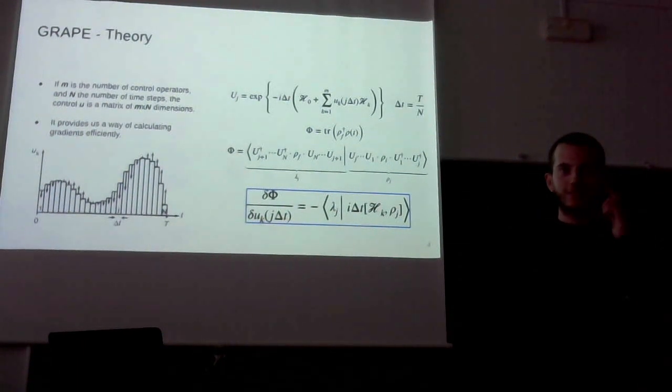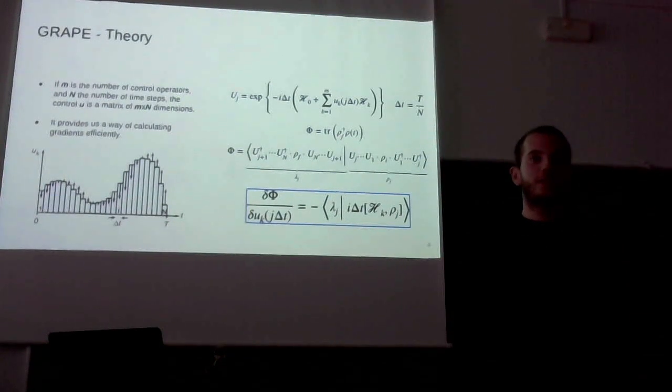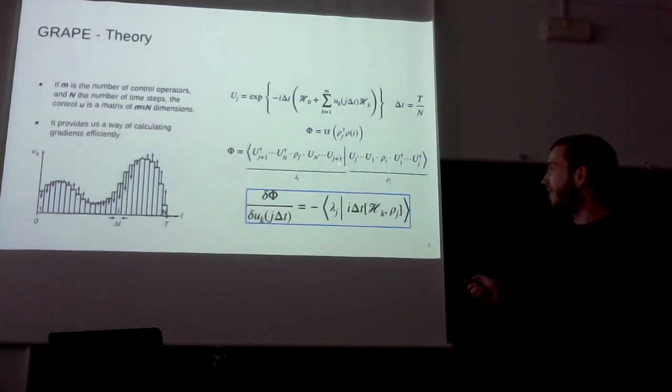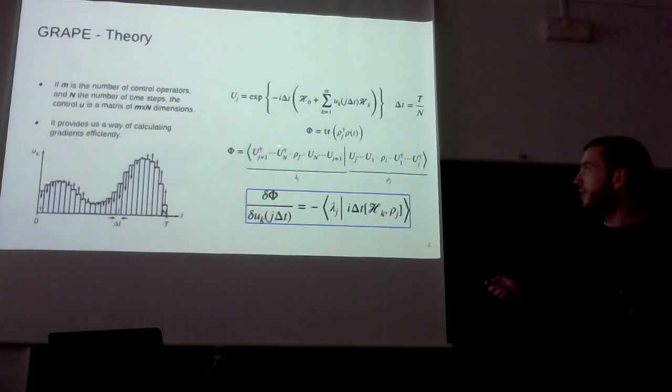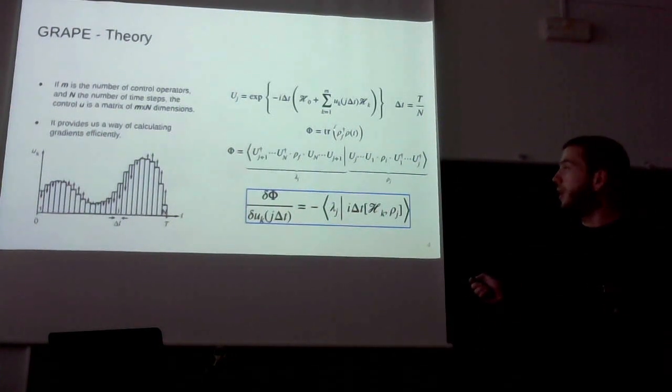You have divided the entire sequence of unitaries into j plus 1 to n on the left and 1 to j on the right part. Why? You can also write just rho F on the left side, and on the right side from n to 1, and here from 1 to n. The trace has a cyclic property, so you can take the operators from the right side and put them on the left side, and you have the same trace.